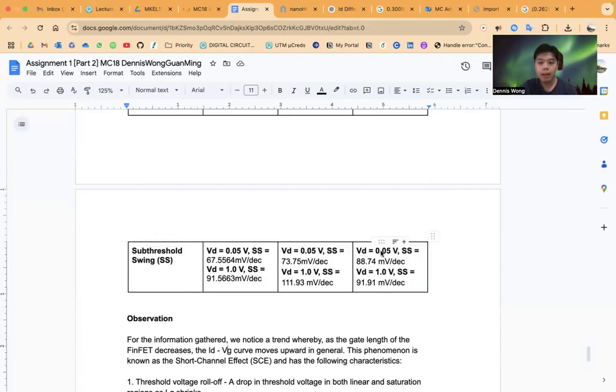A less steep subthreshold swing means that the control of the on and off of the transistor is less sharp, meaning the entire operation becomes more gradual.